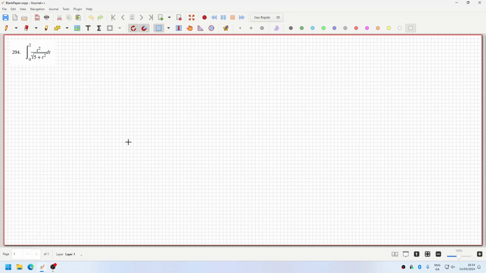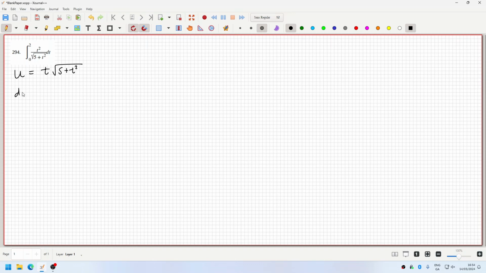Now, this one, quite the difficult integration, quite the contrived integration. So, let's ponder this after the video yesterday. The substitution we want to go with first is u equals t root 5 plus t squared.